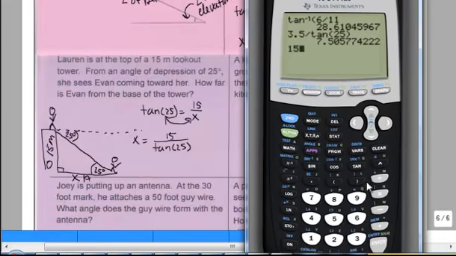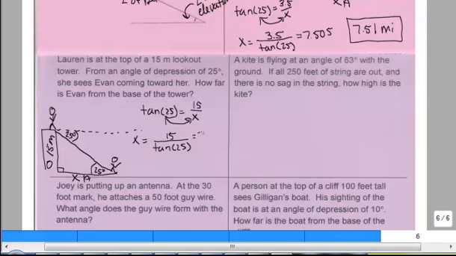So 15 divided by the tangent of 25 is 32.167. So that's this length of the triangle here. And so we round it to 32.17, and this is in meters.